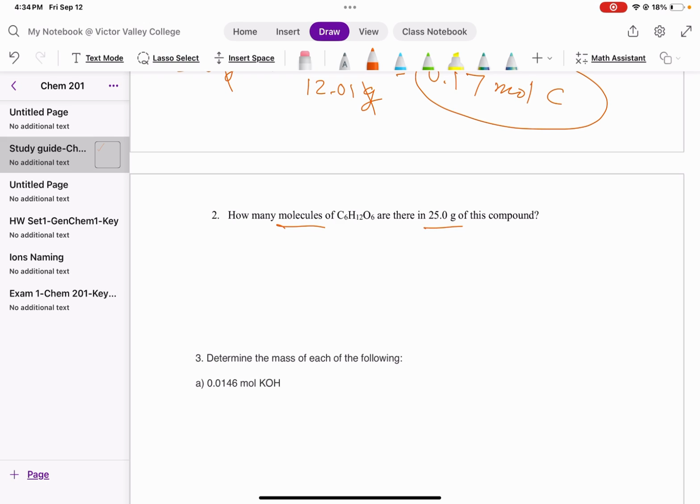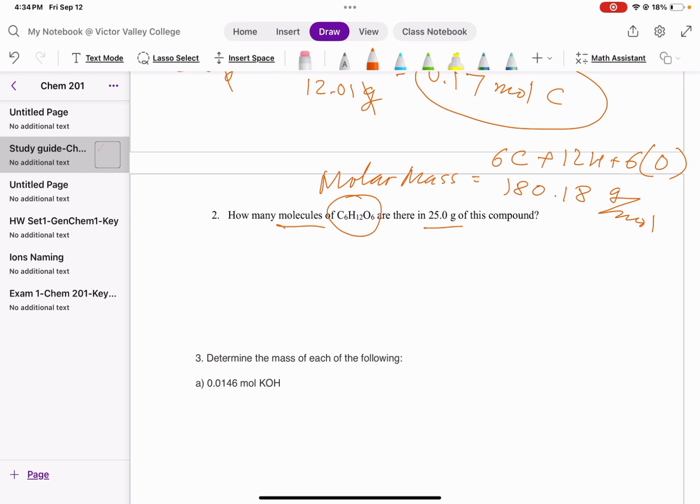How many molecules? Okay, not moles, but we need moles first. Okay, 25 grams. Well, this one right here, if you do molar mass, just like we did before, you've got 6 carbon plus 12 hydrogen plus 6 oxygen. They should add up to 180.18.